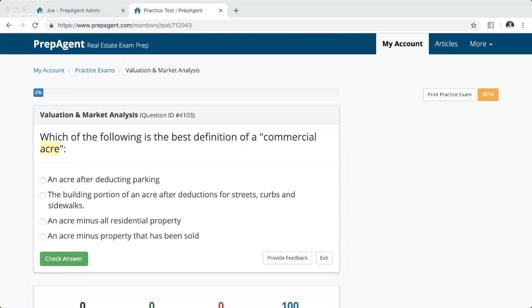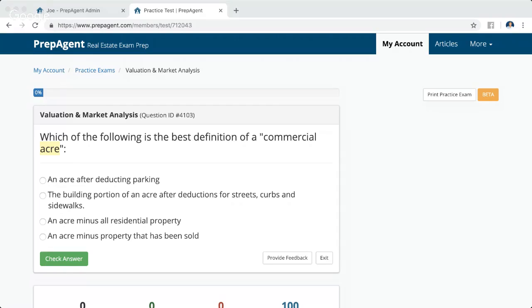So $500,000 property and $3,000 a month rent. What is the monthly gross rent multiplier? 166. Good. Price divided by rent.